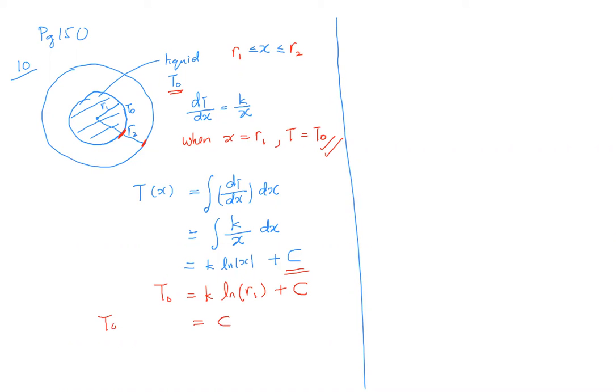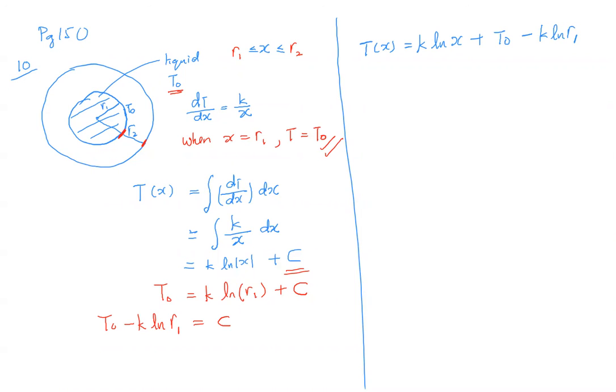C is T0 minus K ln R1. So my T(x) function will be K ln x plus T0 take away K ln R1.